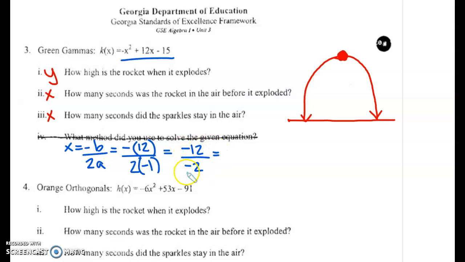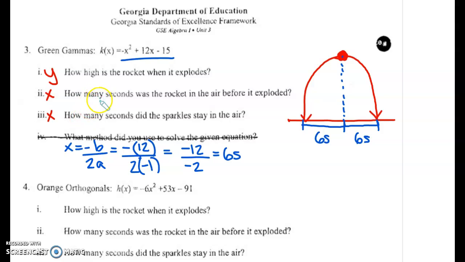Negative over negative is positive, and 12 divided by 2 is 6. Well, that came out nice. So remember, x is time, it is in seconds. So 6 seconds. That means here's when the firework exploded. From time 0 to when it exploded, it took 6 seconds. So the sparkles from when it exploded were in the air another 6 seconds.